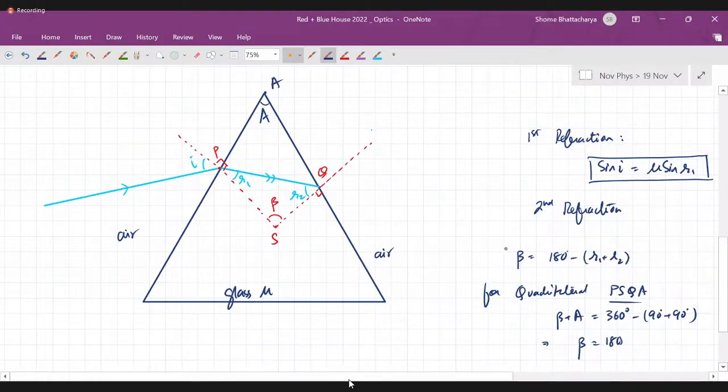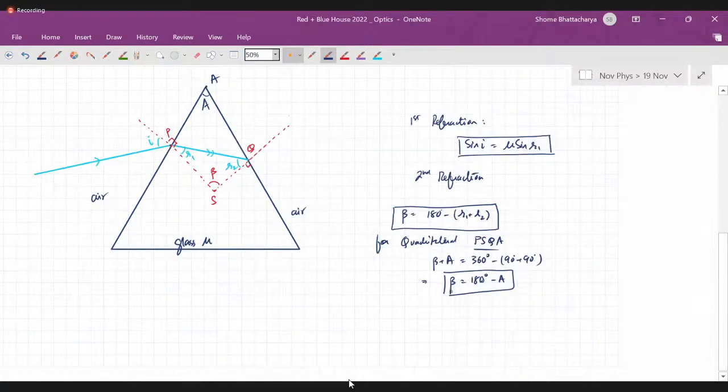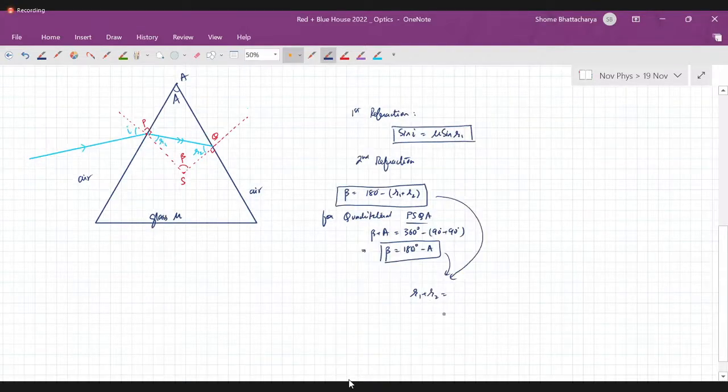A. So when we combine this relation with this relation, we get another important relation here. We get that the sum of R1 plus R2, whatever be the angle of incidence, it doesn't matter, is always equal to the angle of the prism. This is independent of the value of angle of incidence.